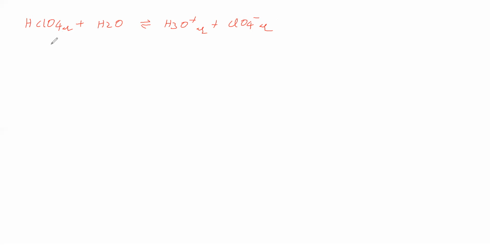We dissolve it in water, then it gives H3O plus, the hydronium ion, and the remaining is ClO4 minus, called the perchlorate ion. What is the structure of HClO4 and of the perchlorate ion, we will see.